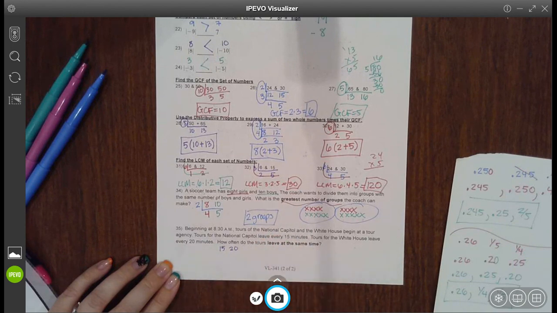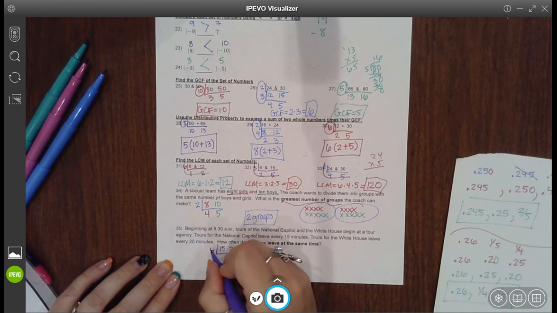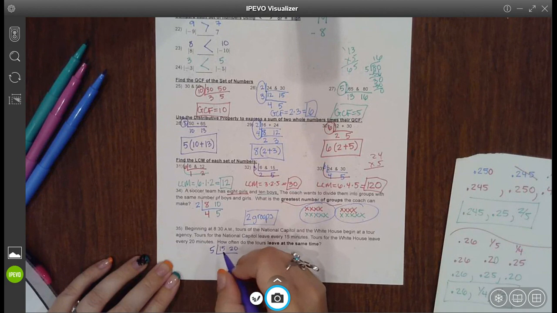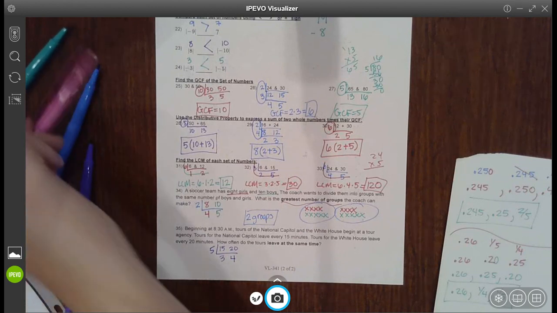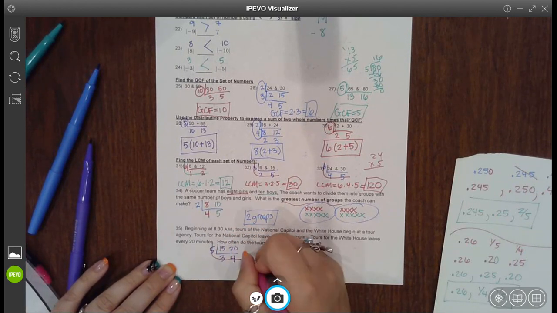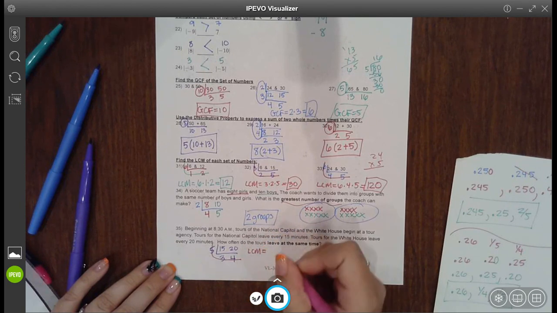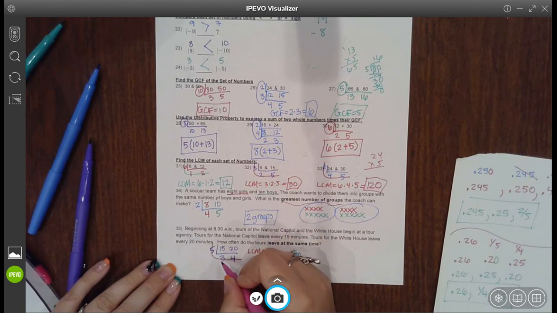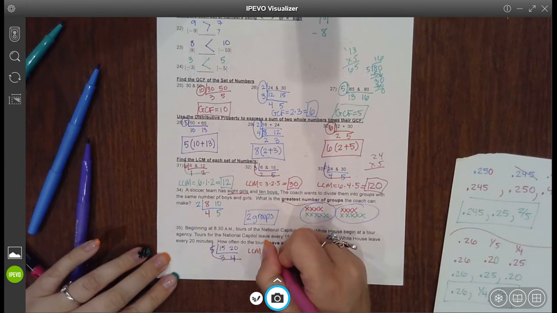What can go into both 15 and 20? 5 can. 5 times what is 15? 3. 5 times what is 20? 4. Nothing can go into both 3 and 4, so I'm going to multiply all the numbers along the outside to find my LCM. 5 times 3 is 15. 15 times 4 is 60.